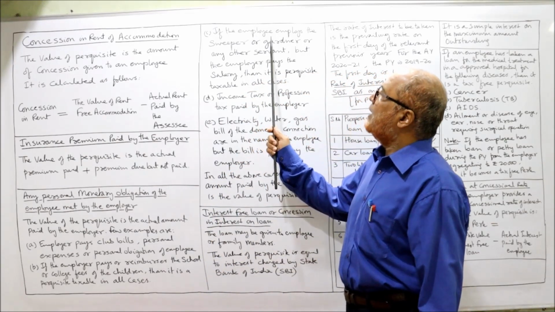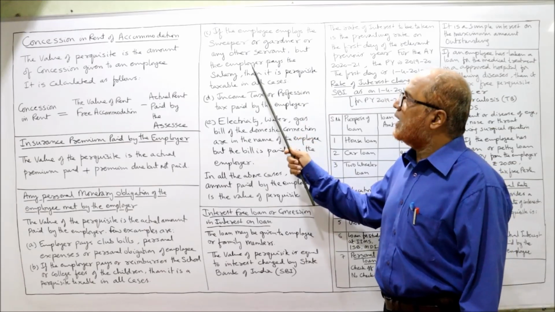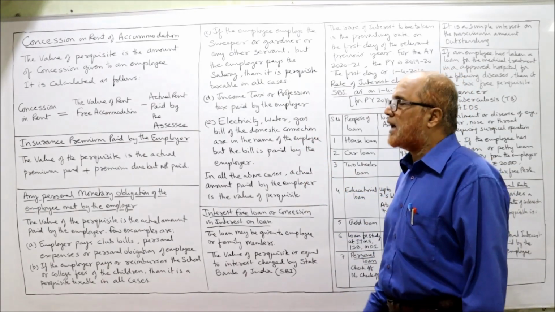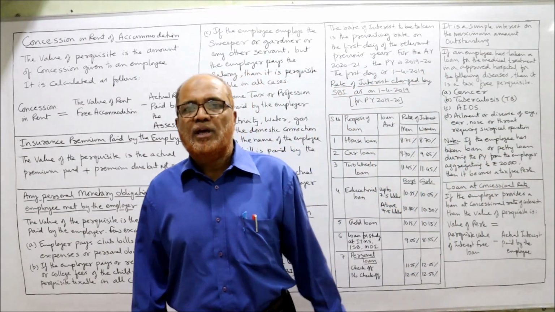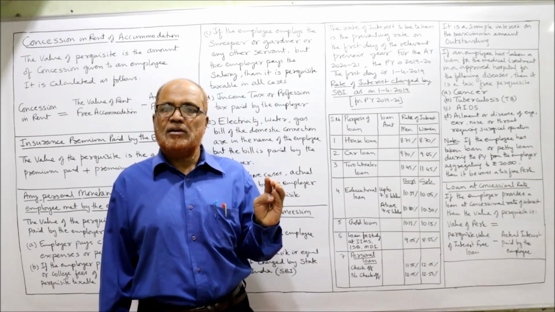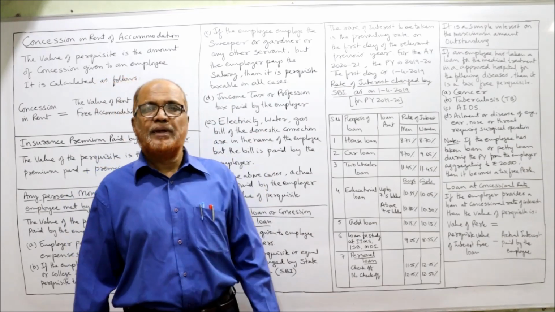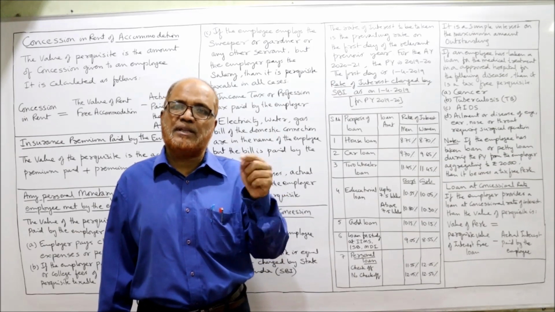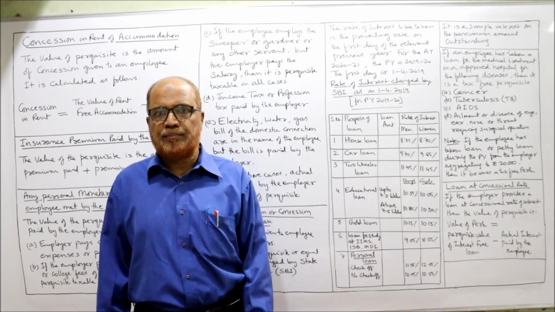Third one, if the employee employs the sweeper or gardener or any other servant, but the employer pays the salary, it's a taxable perquisite in all cases. Remember, very important provision: a watchman, servant, cook or sweeper, these are the maids appointed by the employee, but the employer has paid the salary.